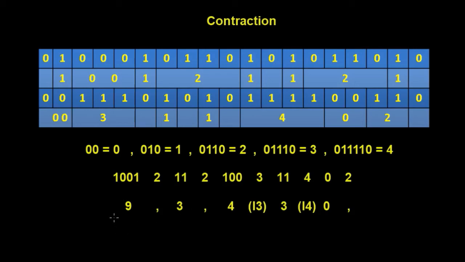Our data is going to be our 9, and our 3, and our 4, and our 3, and our 0, and our instructions are going to be instruction 3, instruction 4. And of course we could continue on with this, we could have instruction 5, 6, 7, 8, 9. So this is a neat way, which we can call contraction, to represent the data and the instructions all together in one line in a format that the Turing machine is able to decipher.